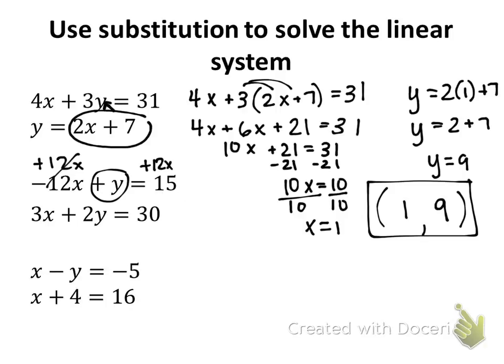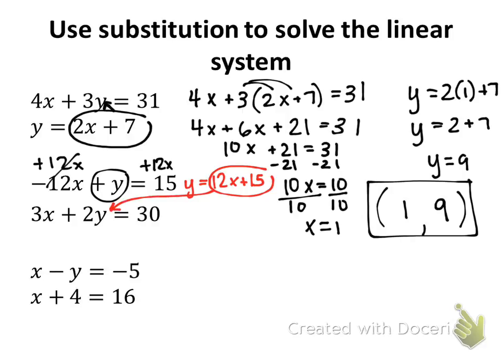So I'm going to rewrite y. I'm going to change my color so it doesn't get confusing. Y is equal to 12x plus 15. So now I can take this because I know what y equals and I can plug it in for the y in the next equation.